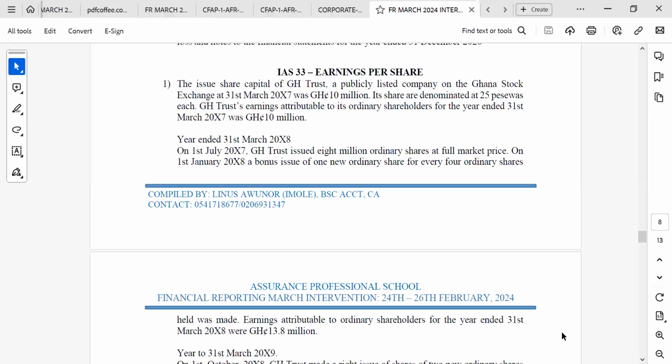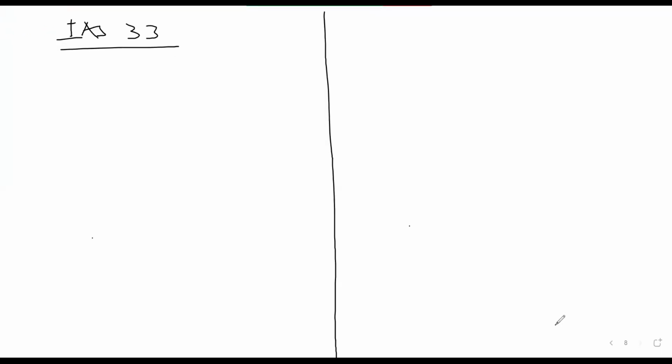Okay, let's calculate the earnings per share for the first year first. So the first year, 202x7, our basic earnings per share will be calculated as the profit attributable to this one over the number of shares.